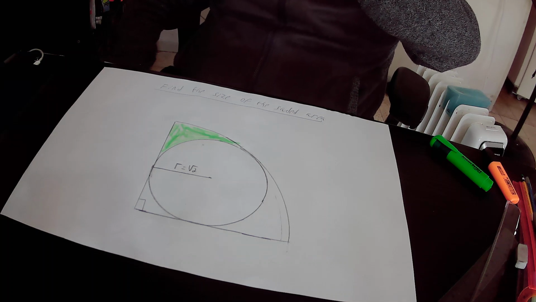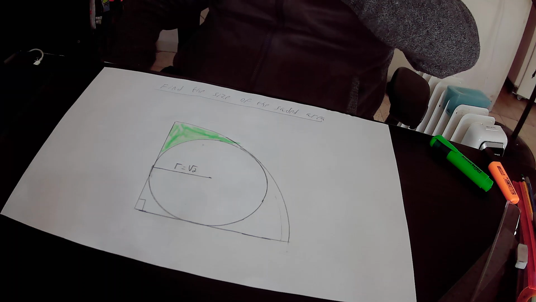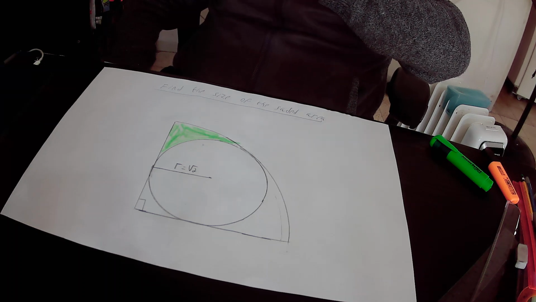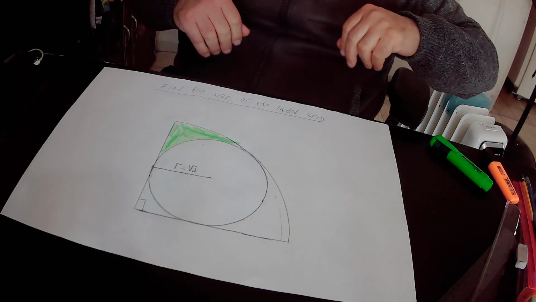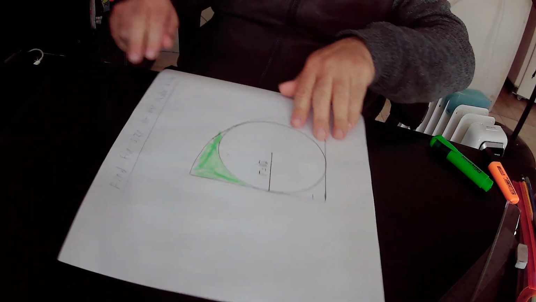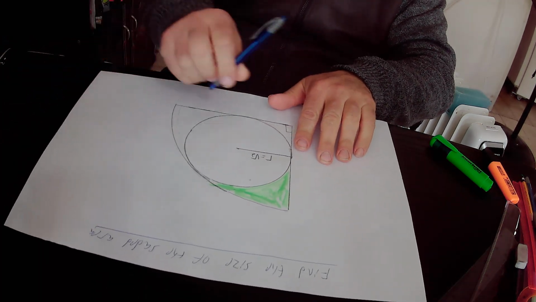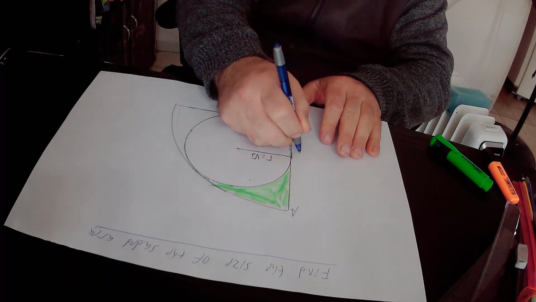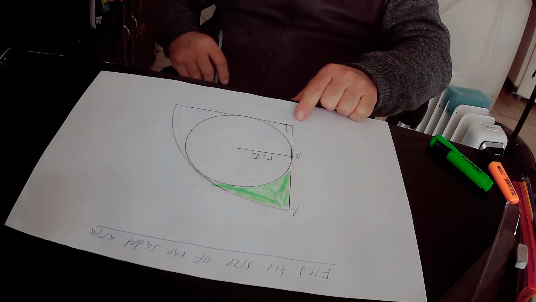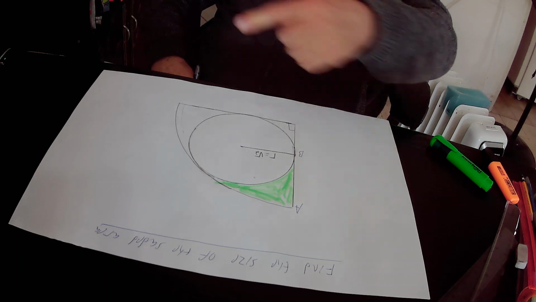So first of all, we'll define the relevant points to this question with letters. We define this point as A, we define this point as B. This point is the center of the quarter circle, or the center of the big circle.